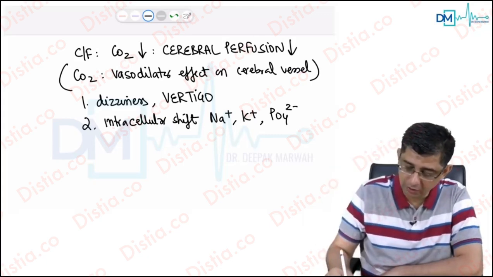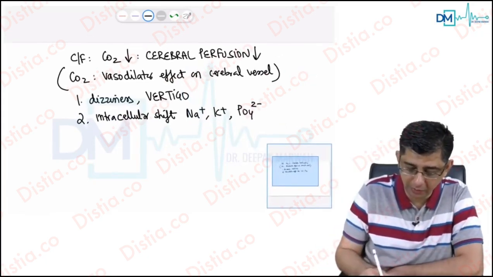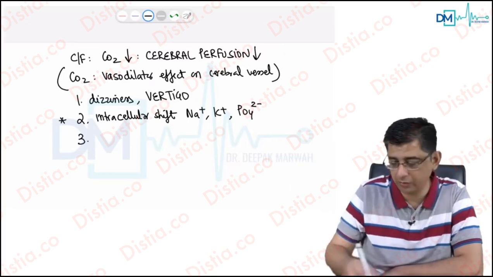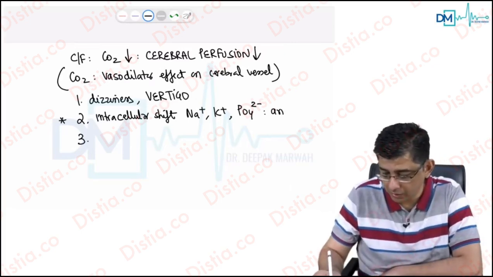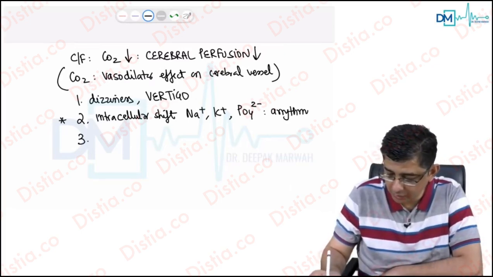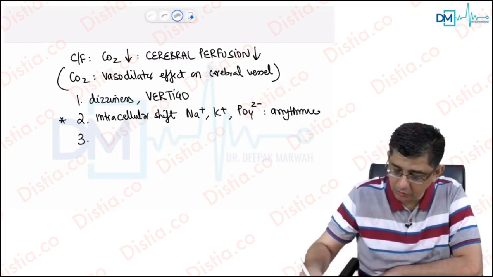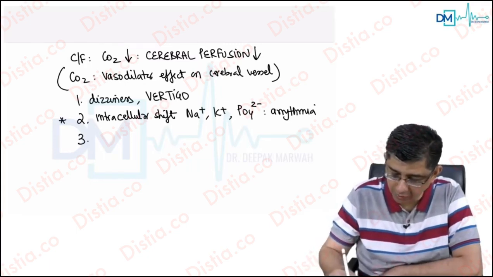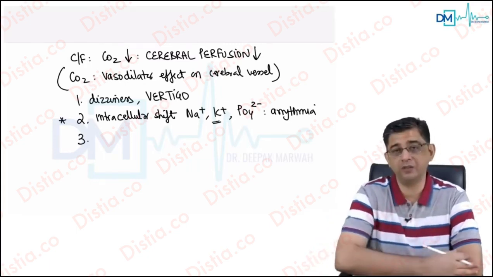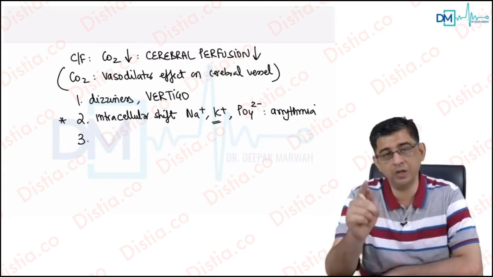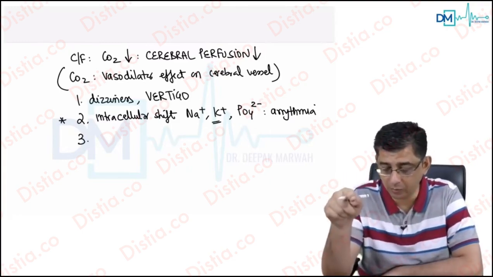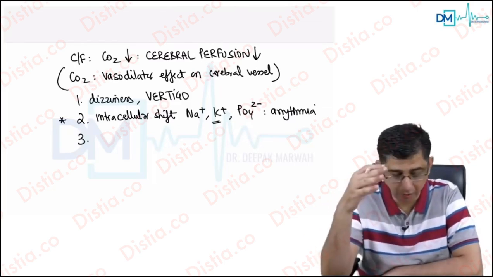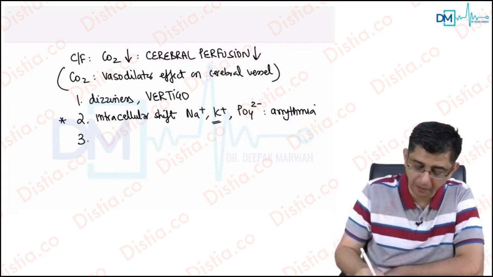Due to intracellular shift of these electrolytes, the patient might end up with arrhythmias. So arrhythmias are written in respiratory alkalosis mainly with respect to the potassium values in the patient falling. For example, hypokalemia can contribute to torsades de pointes in a patient. Remember, the electrolyte imbalance contributing to torsades de pointes is hypokalemia. So intracellular shift of these electrolytes can contribute to arrhythmia presentation.